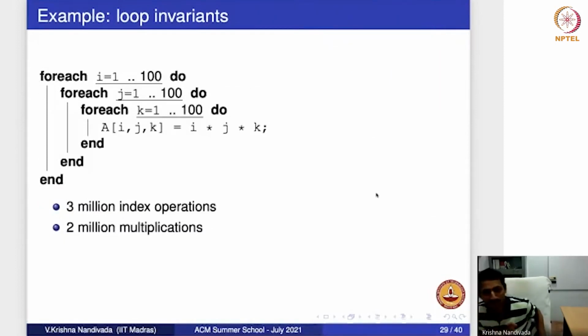So let's look at a small piece of code. You may wonder, why should anyone write code which is loop invariant? Not always people write it explicitly, but let's look at the simple code.